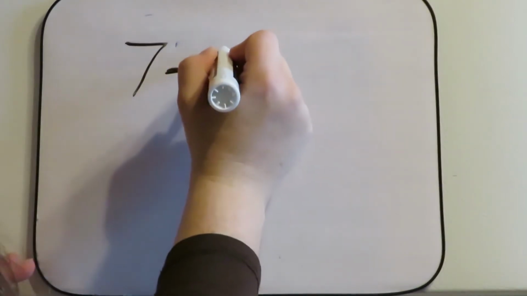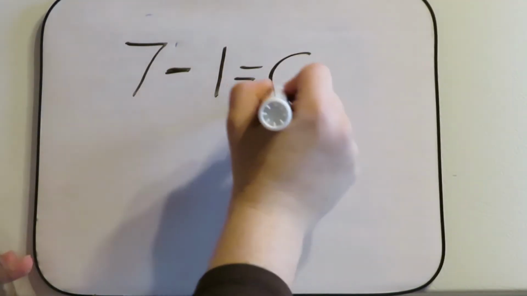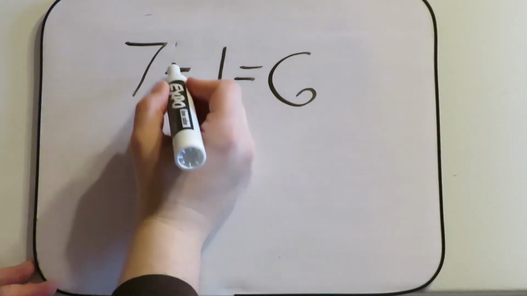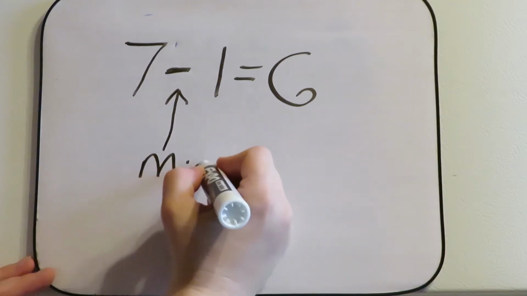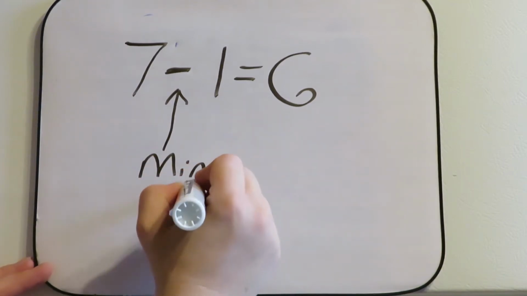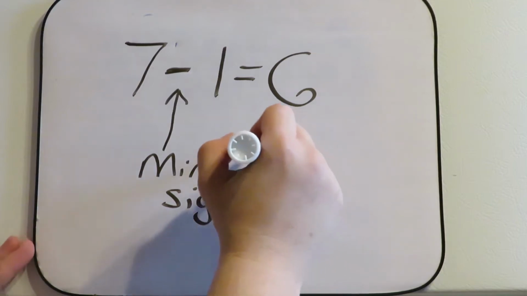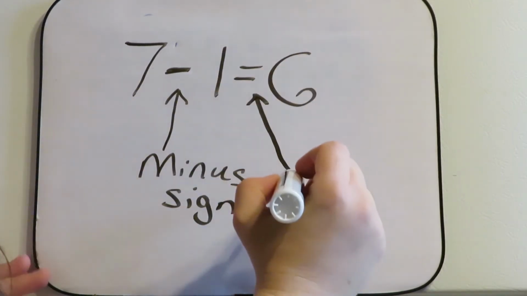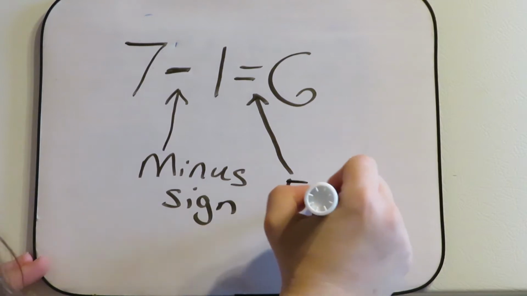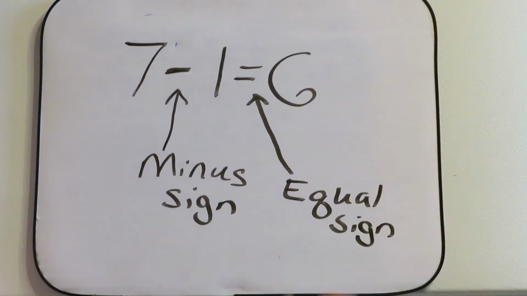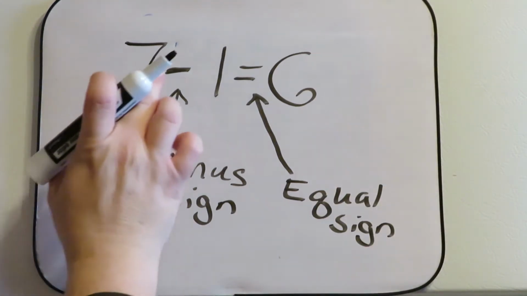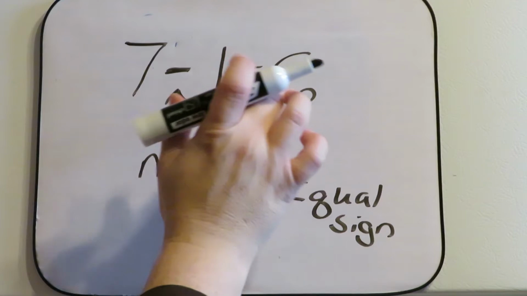This is an example of a subtraction problem. 7 minus 1 equals 6. This is a minus sign. And this is an equal sign. Got it? 7 minus 1 equals 6.